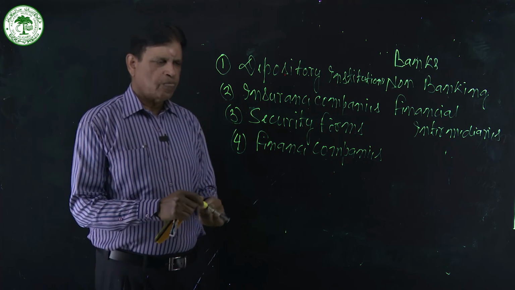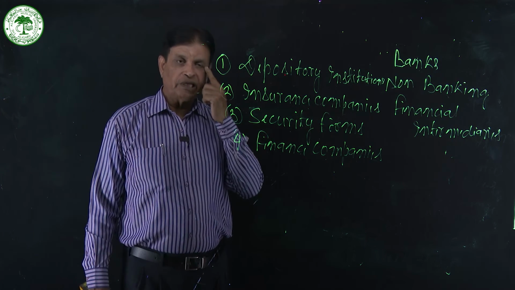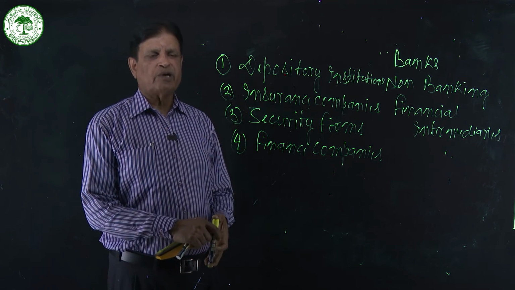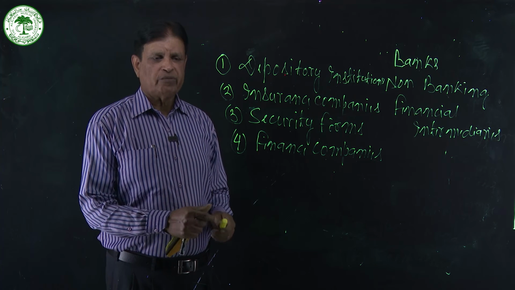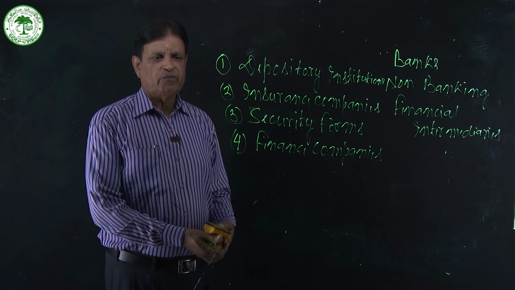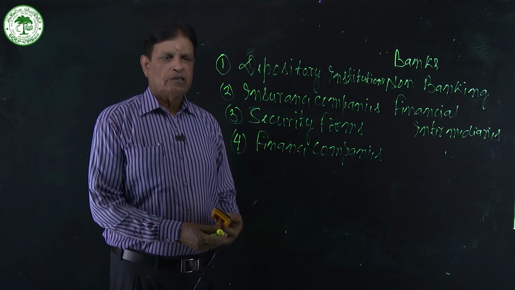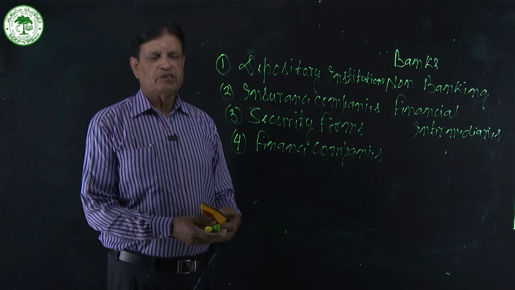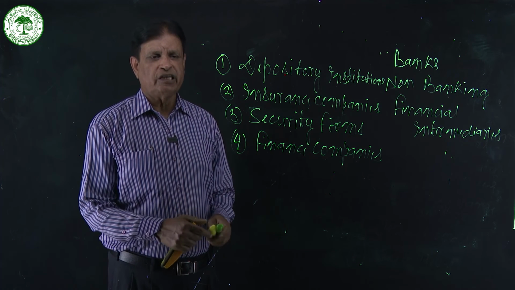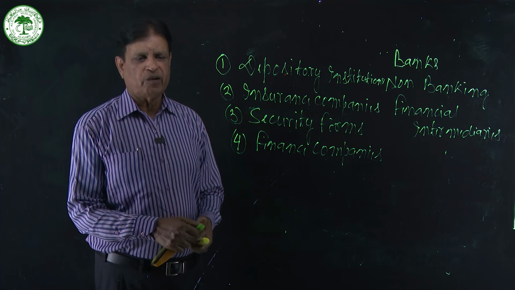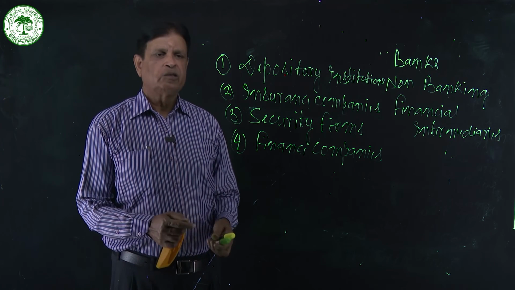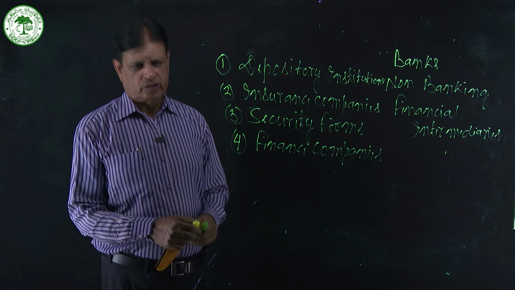Now these finance companies raise money from the public, and that money they make available to the borrowers. These finance companies usually specialize in a particular type of loan, like house loans.